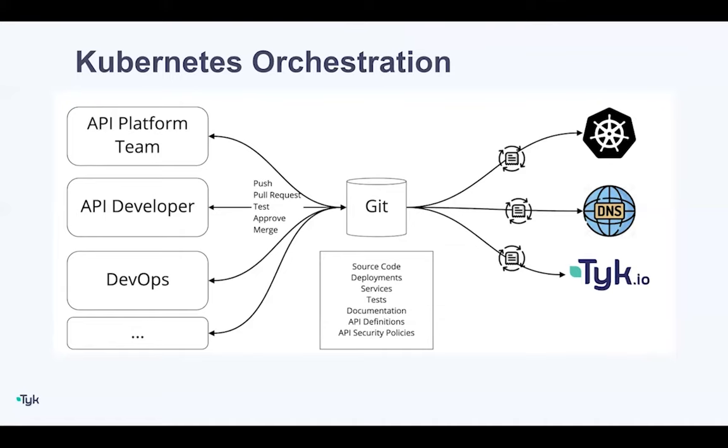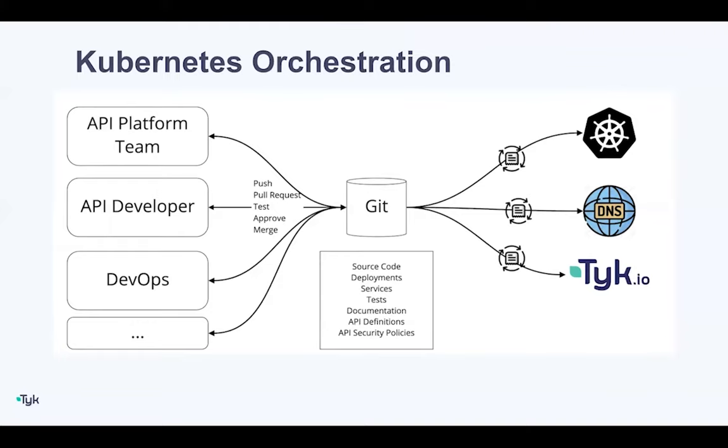Tyk Operator interacts with the Kubernetes API directly using custom resource definitions. The operator runs in Kubernetes, but actually the Tyk API management stack itself need not run in Kubernetes. You can use the operator to manage your Tyk API management solution on bare metal or even on Tyk Cloud.